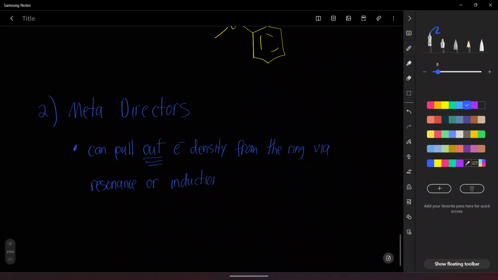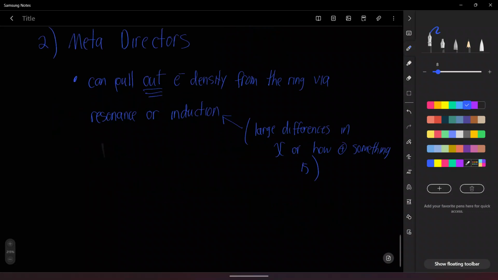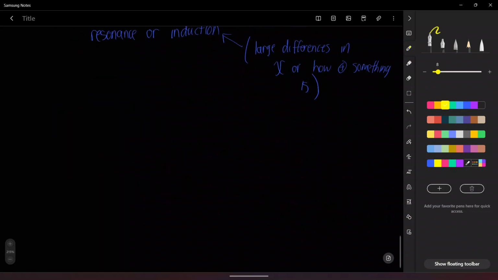And if you guys are confused about induction, remember induction just means large differences in electronegativity, or how positive something is or how charged something is, but you should think about it in terms of positivity. Okay. All right. Okay, so what do we mean by that?